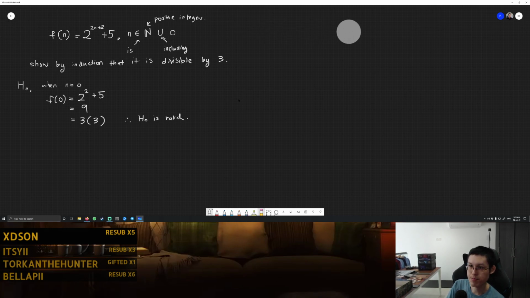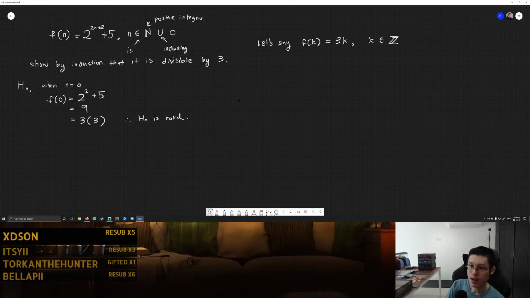Let me try to explain it this way. Let's say f(k) is divisible by 3. So f(k) equals 3k, where k is some integer. But the point is it is divisible by 3.